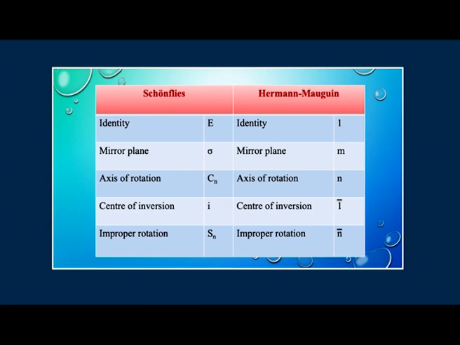Hermann-Mauguin notation. And one thing we have to remember is that the improper rotation axis is otherwise called the rotoreflection axis in the Schoenflies symbol system, and it is represented as Sn, while the same improper rotation axis is called a roto-inversion axis in Hermann-Mauguin method, symbolized as n bar.